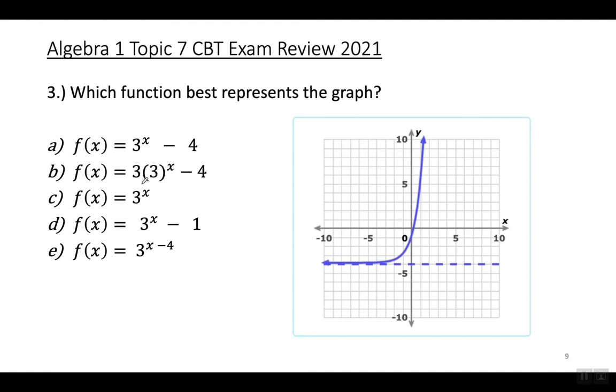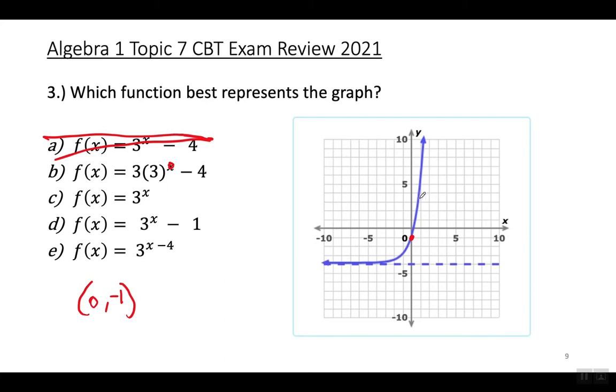Let's check B. In letter B, if x equals 0, if we put a 0 here, 3 to the 0 power is 1. 1 times 3 is 3, and 3 minus 4 is -1. So when x is 0, y is -1, and that's a point on the graph.